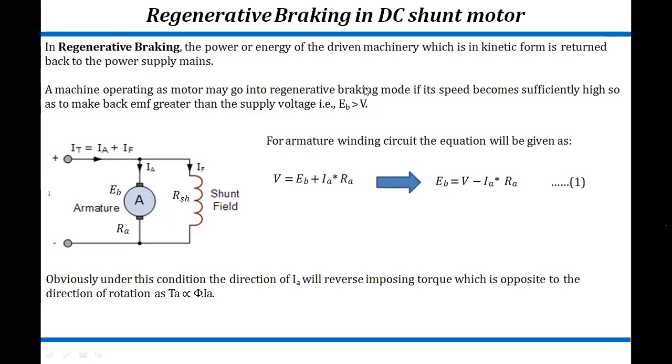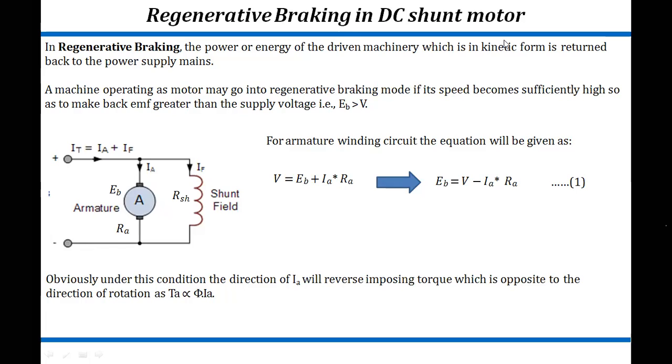So here, when we use regenerative braking in the DC shunt motor, the energy of the driven machinery is kinetic energy, because when the motor is in the rotating condition we get that energy in the form of kinetic energy.